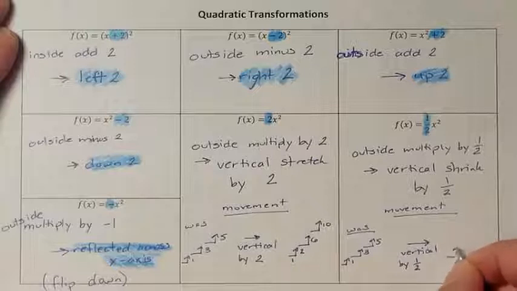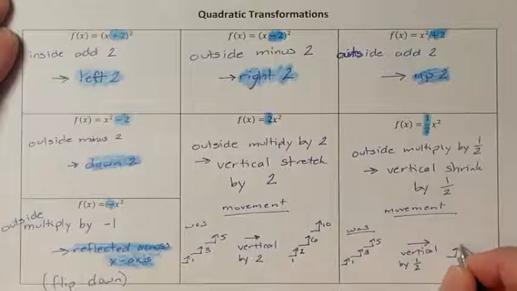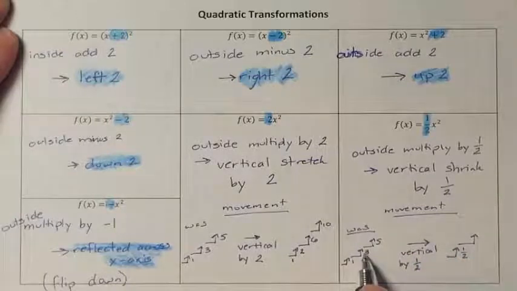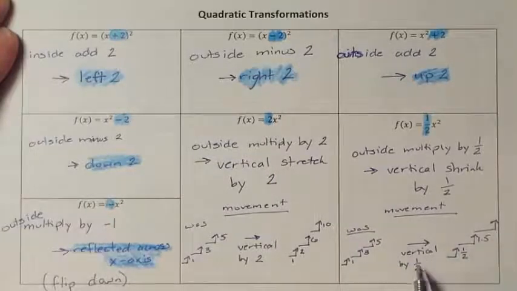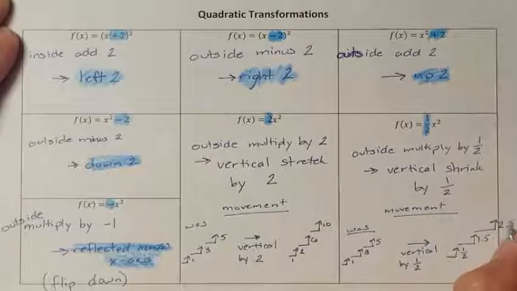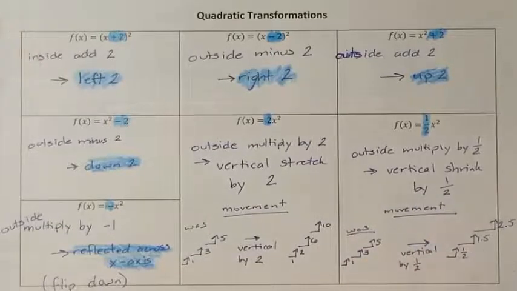I'm still over 1, but this 1 times a half is a half. I'm still over 1, but the 3 times a half is a 1.5. It's 3 halves. I'm still over 1, but 5 times a half is now 5 halves, which is 2.5. Everybody else is going up at half the rate. It's a vertical shrink. Everybody shrunk vertically.